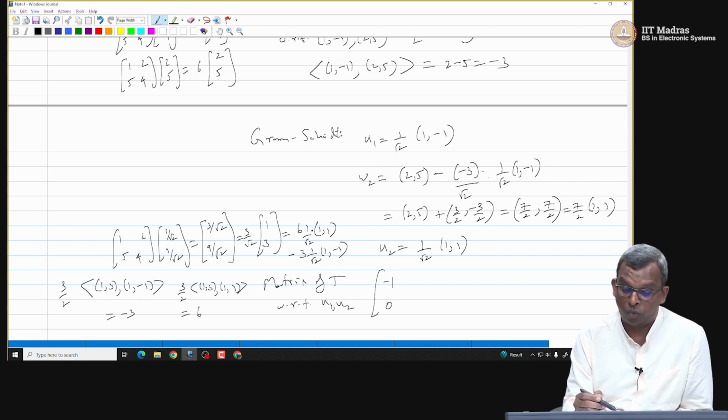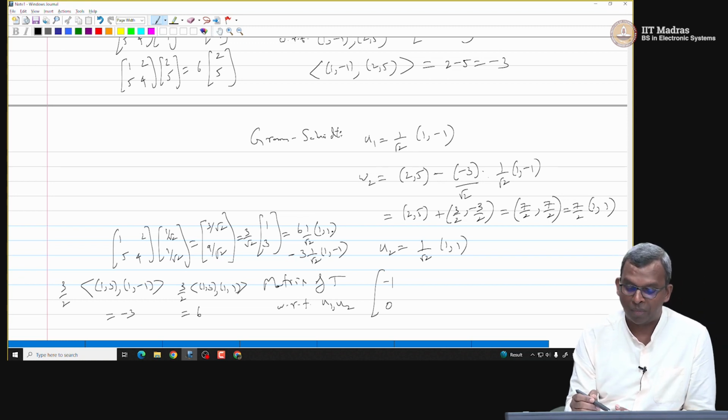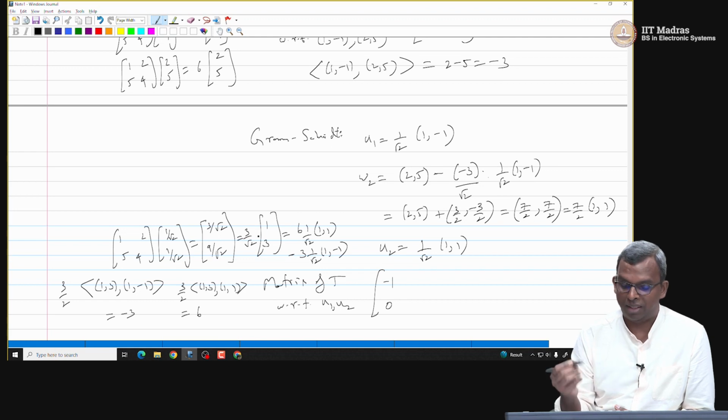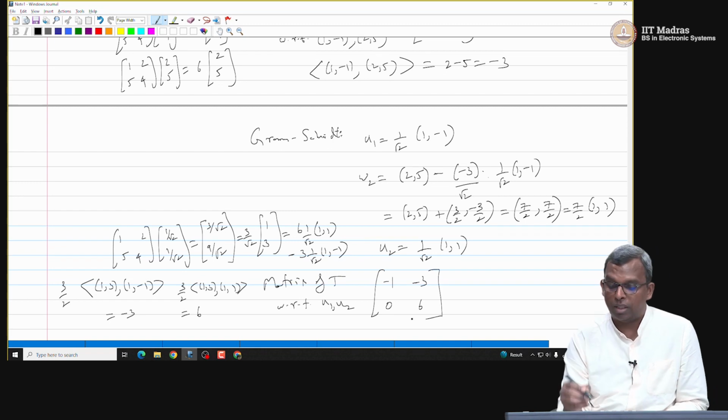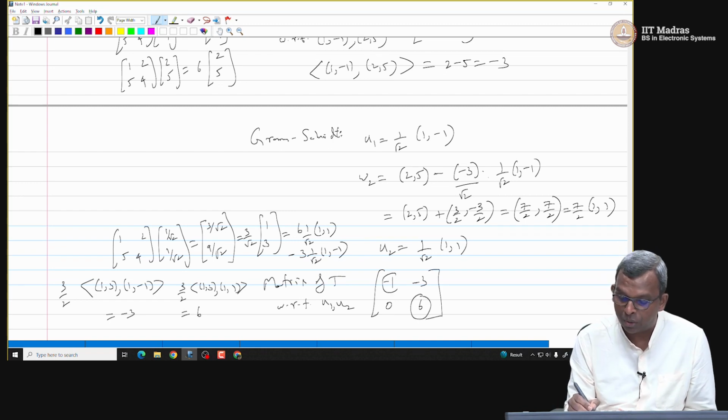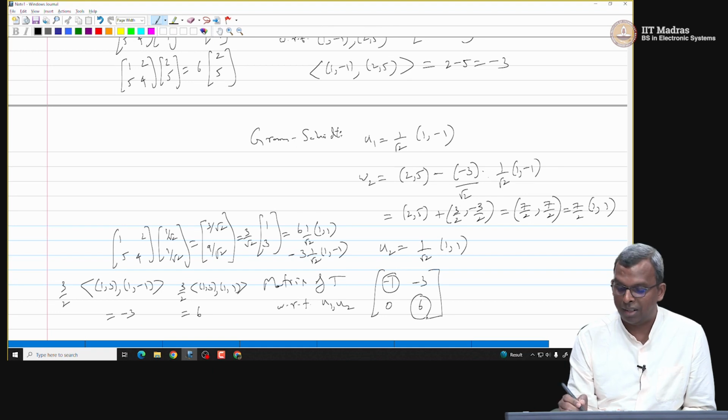Hopefully it is correct. 6 minus 3 is 3, 6 plus 3 is 9. Okay, very easy. Oh no, the other way around, sorry, 3 minus 3, 6. Okay. So of course, this entry has to be 6, right? The eigenvalues have to come on the diagonal, but this becomes non-zero.